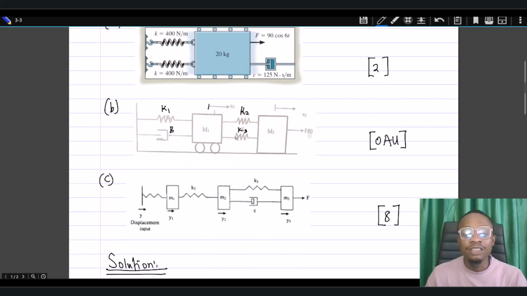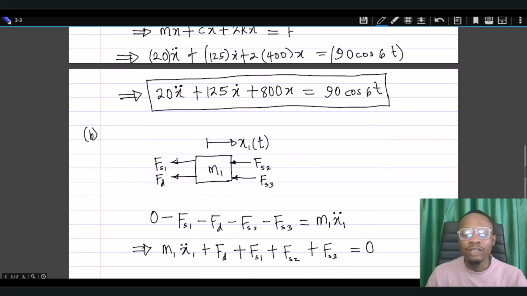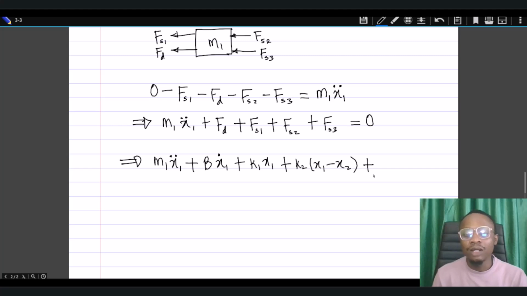That is the same thing because if this goes to the right by x1, this goes to the left by x1, then the displacement of this body, which influences the change in length here, will be given by x1 minus x2 as well. So that will be K3 into x1 minus x2. So we have that to be K3 into x1 minus x2. And all of this will be equal to 0.